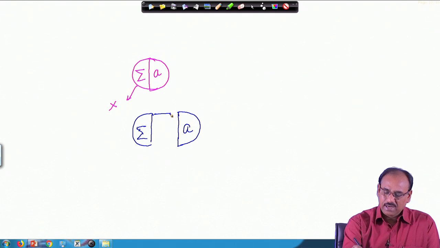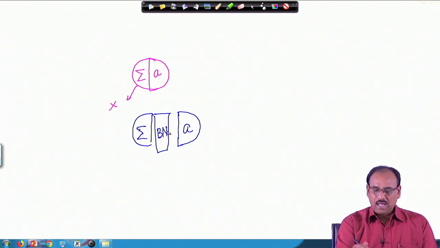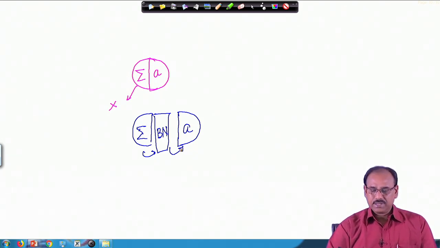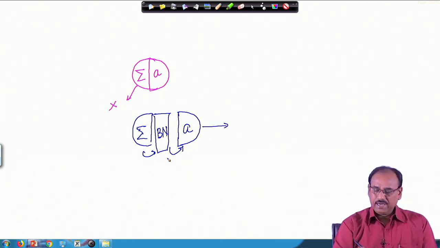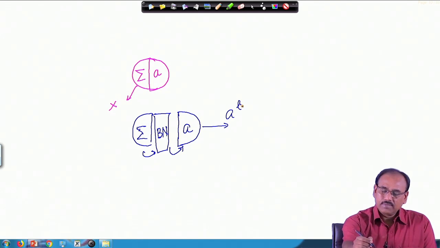In between you introduce a layer which is the batch normalization layer, or BN. The output of this is batch normalized and fed to the activation function layer, and then you finally get the output AL from the Lth layer. So, this is how batch normalization is to be done.